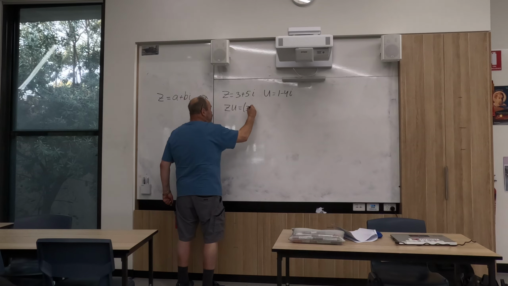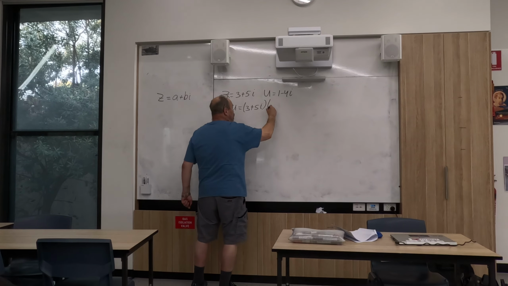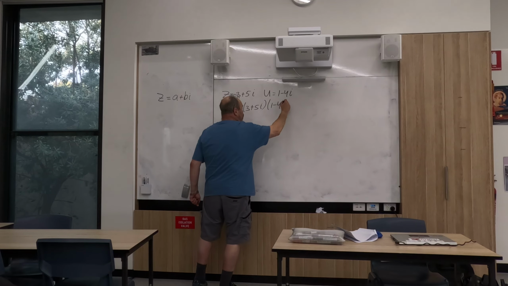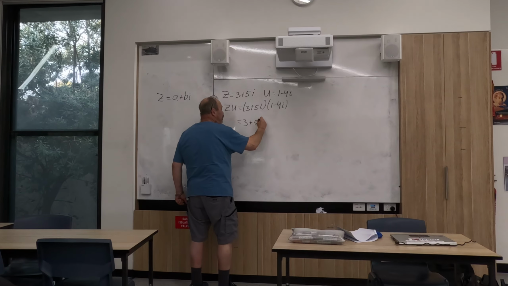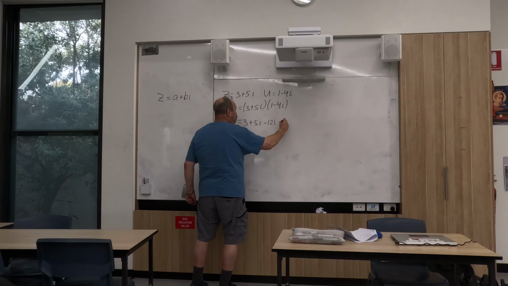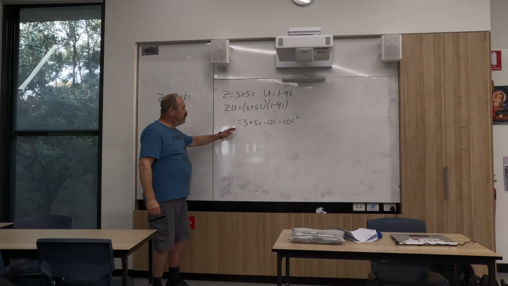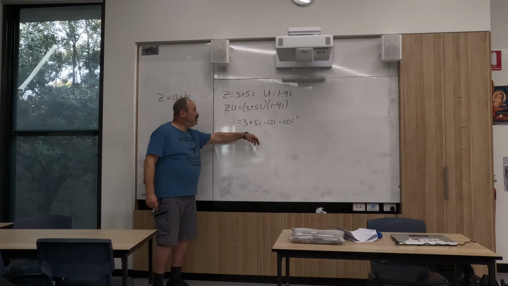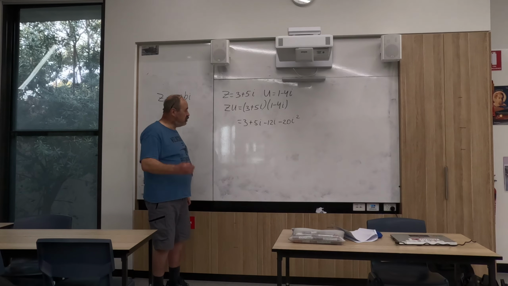We just need to expand the brackets: 3 plus 5i times 1 minus 4i. We expand, 3 plus 5i minus 12i minus 20i squared, so 3 minus 7i minus 20i squared.